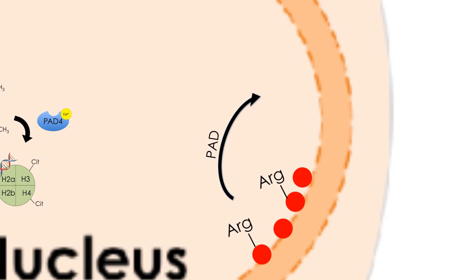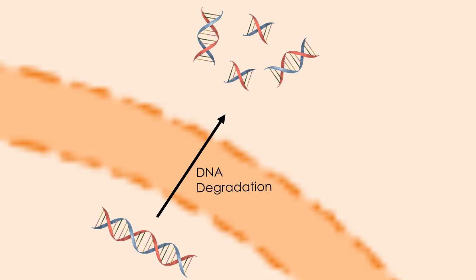This reduces the isoelectric point of the protein and causes it to dissociate from the phosphorylated serine residues at the nuclear lamina. This series of events leads to the disintegration of the nuclear lamina during programmed cell death. After the disorganization of the nuclear lamina, DNA can be released into the cytoplasm and degraded by nucleases.